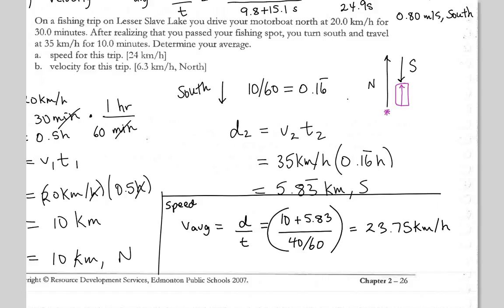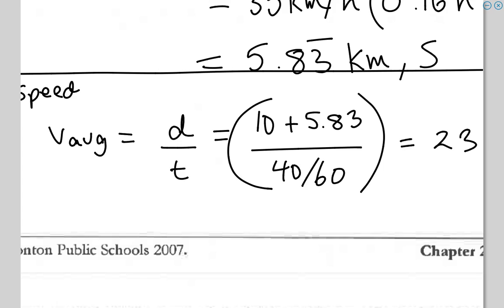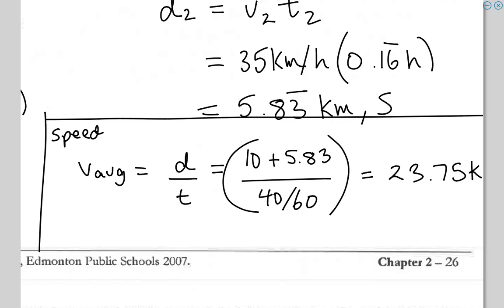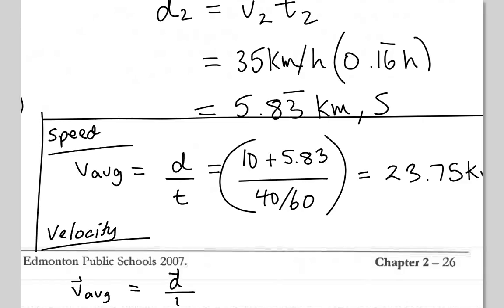Now we can jump into the velocity calculation. Let's do the velocity now. Speed and now velocity, and it's all about this average velocity. So now we'll use displacement over time. The time will be the same, still 40 out of 60. But now the displacement. When you do the calculation, just like we did above, we don't just add it up like this.